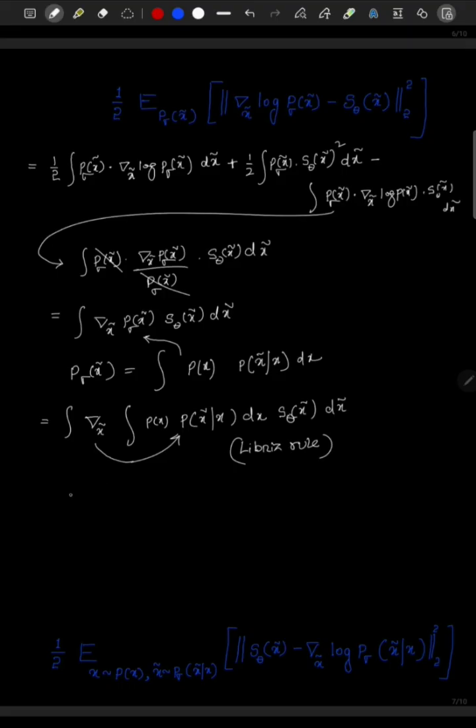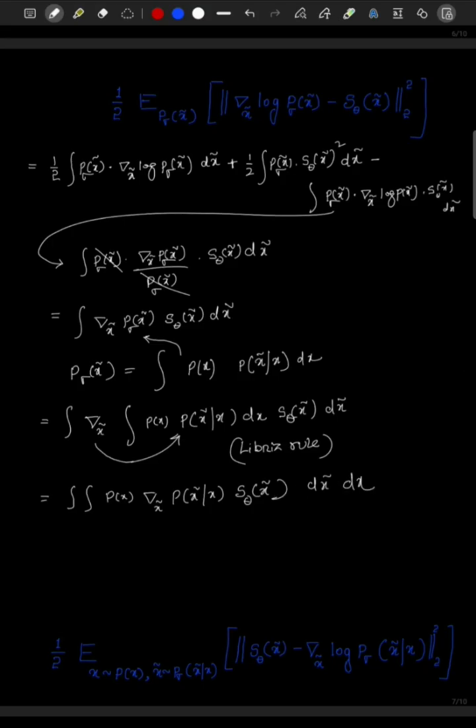If we do that, we get a double integration of p(x), gradient of x tilde p(x tilde | x) dx, s theta of x tilde dx tilde. Let's bring s theta over here also, because s theta doesn't depend on x. So let's change the position, s theta of x tilde, dx to dx tilde to dx.